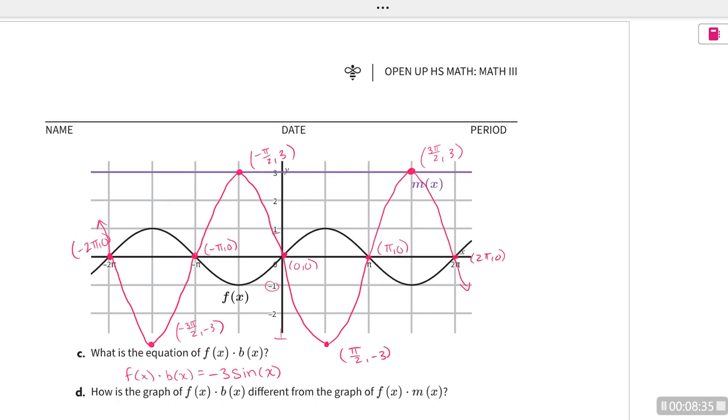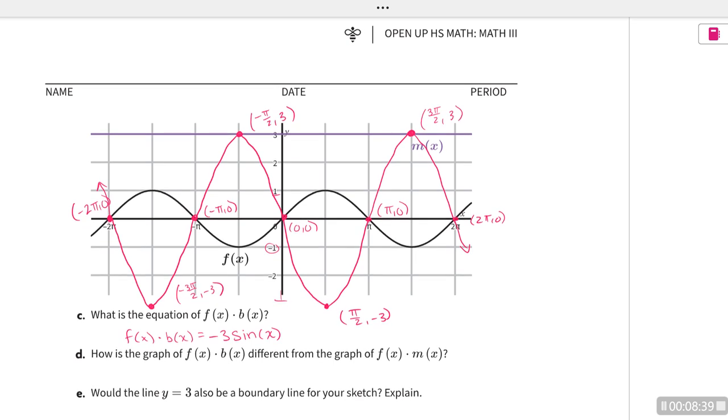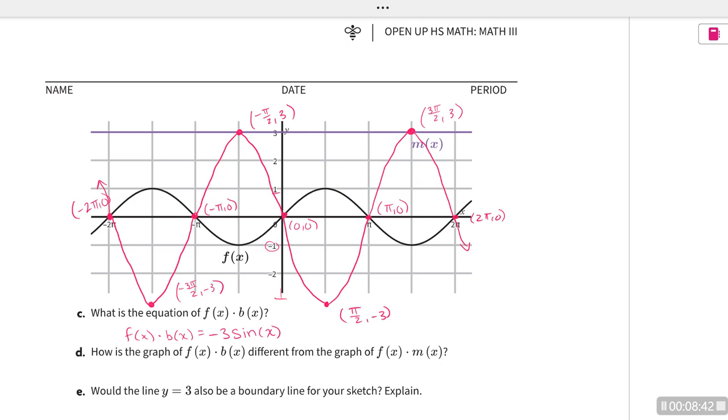How is the graph of f of x times b of x different from the graph of f of x times m of x? Well, the maximum values and the minimum values are the same, but the direction has changed.